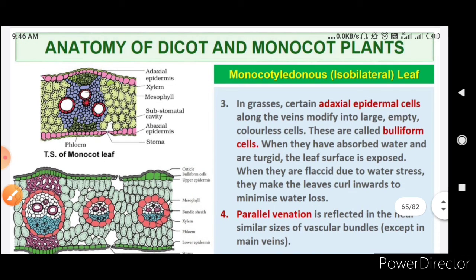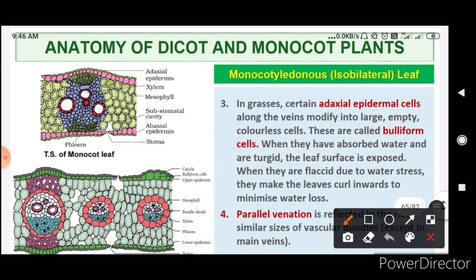In grasses, certain adaxial epidermal cells along the veins modify into large, empty, colorless cells, and these are called bulliform cells. When they have absorbed water and are turgid, the leaf surface is exposed.